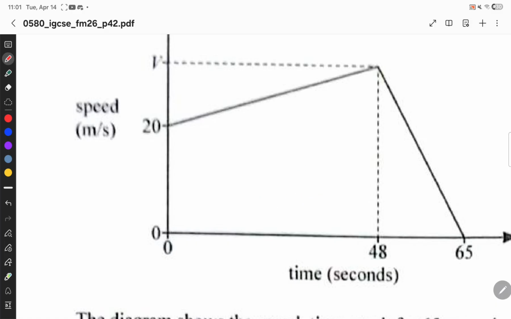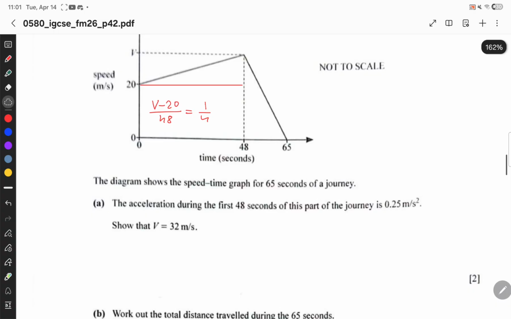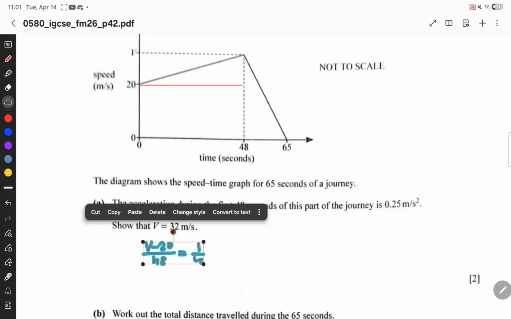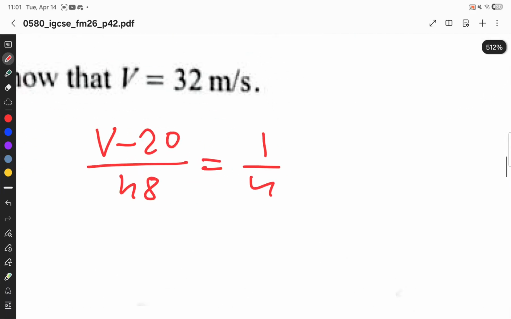Sorry, my bad. So we do rise over run. The rise is v minus 20, and the run is 48, and the answer should be 1 over 4. Now solve for v.